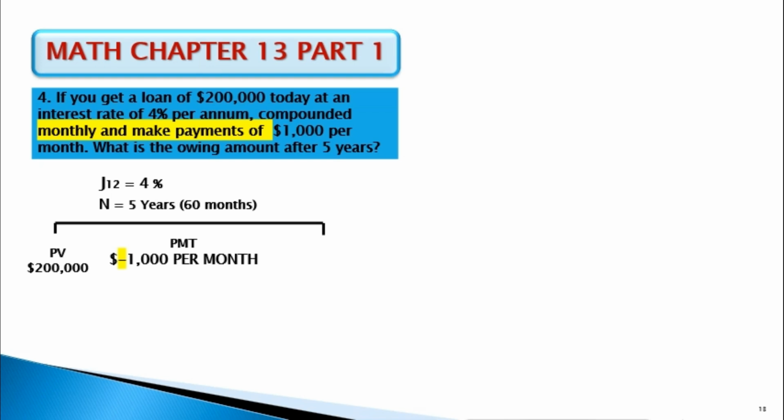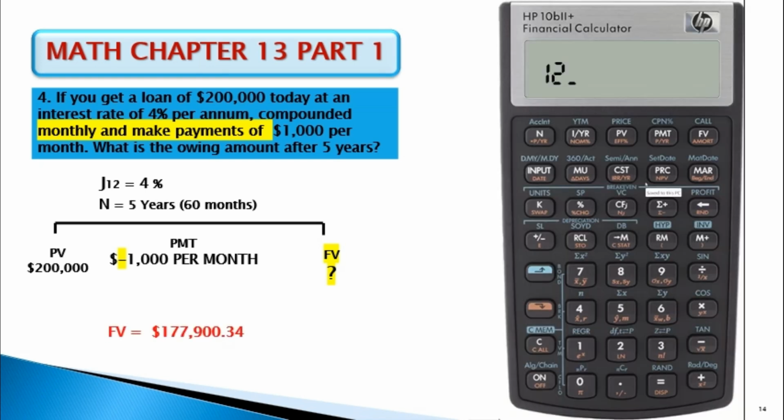And we want to know how much loan is outstanding, how much is owing after 5 years. So again, we're going to bring in the calculator. Okay, so we've got our calculator.